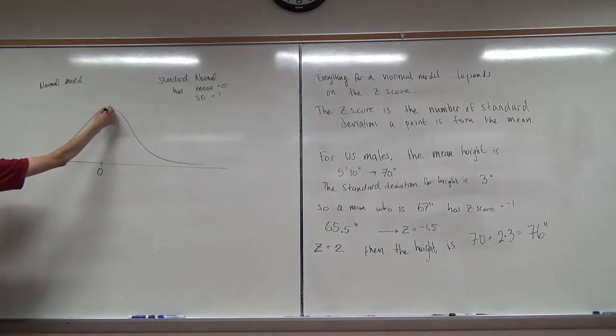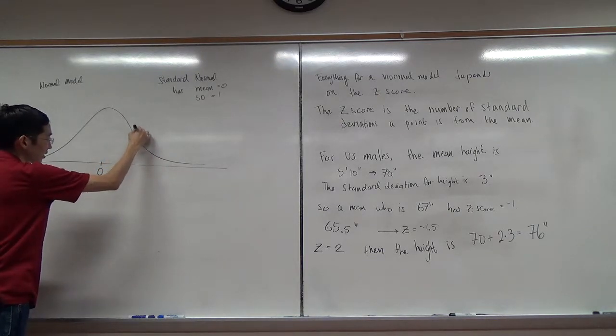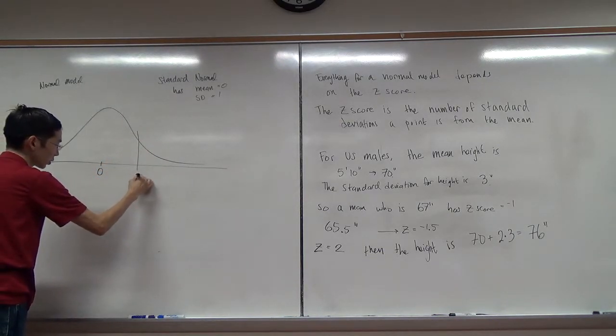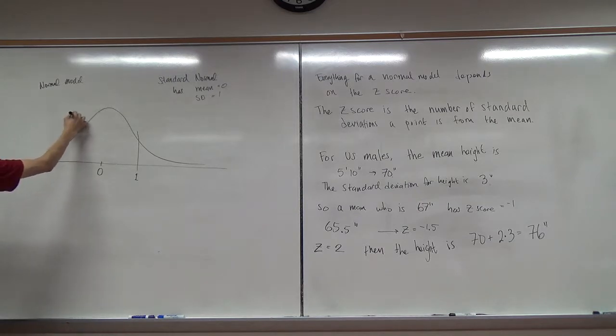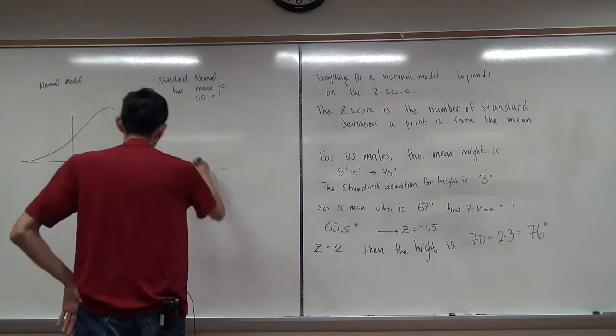So 0 goes in the center, because it's the mean, and somewhere around here is 1, and equally distant in the negative direction is negative 1. Those would be z-scores of 1 and -1 on the standard normal.